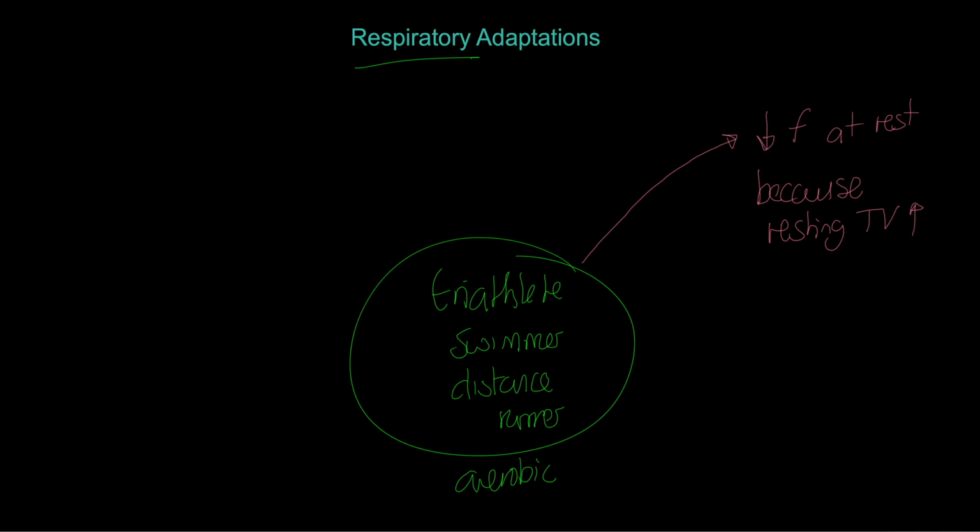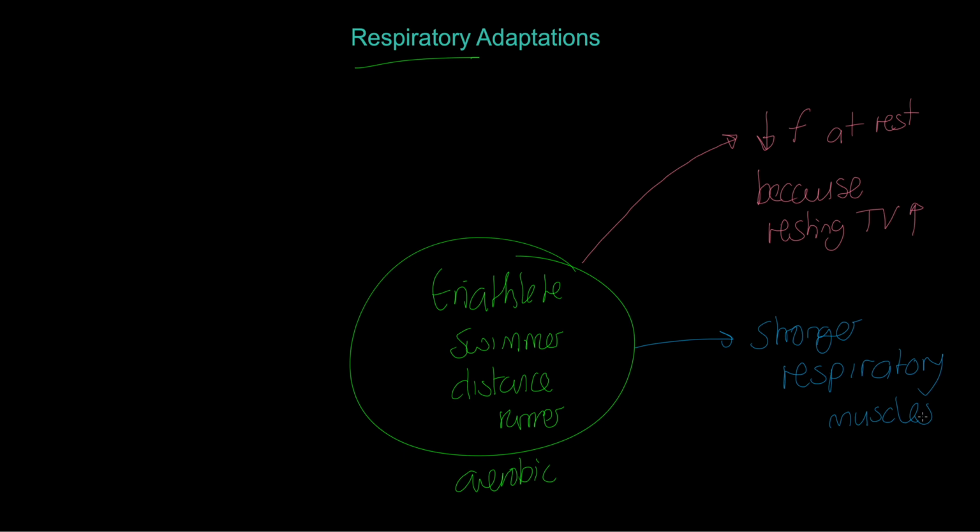Well, how has that happened? Why has that occurred? And we know that that's occurred because we now have stronger respiratory muscles. So think about diaphragm, think about internal intercostals, just those two actually in this particular case at rest, because they've got stronger respiratory muscles for that reason, the resting tidal volume has gone up.